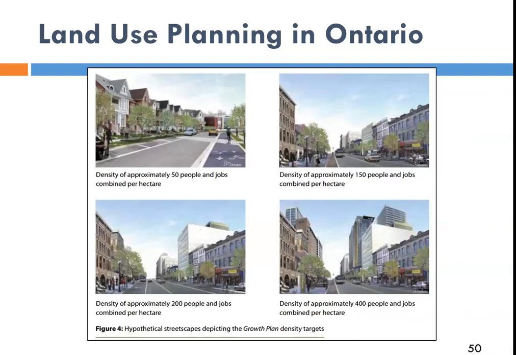I also wanted to show you about some of the visuals that they provided people. So when we're talking about intensification and the types of density and growth that we wanted to see based on the growth plan, these are some of the visuals that they provided to those community members. If you recall, Barrie was in this particular density, so we want 150 people and jobs within a combined acre.